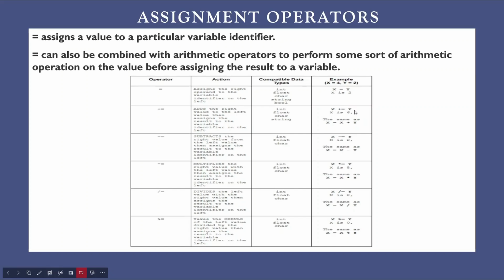That means x plus equal to y is nothing but x equal to x plus y. Similarly, x minus equal to y is nothing but x equal to x minus y. And x star equal to y is nothing but x equal to x star y. Similar goes for your division and your modulus operation. I hope you are all clear.